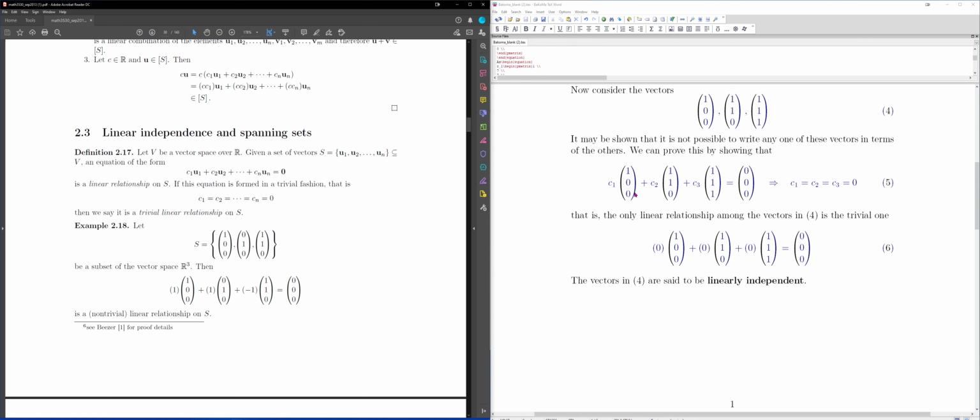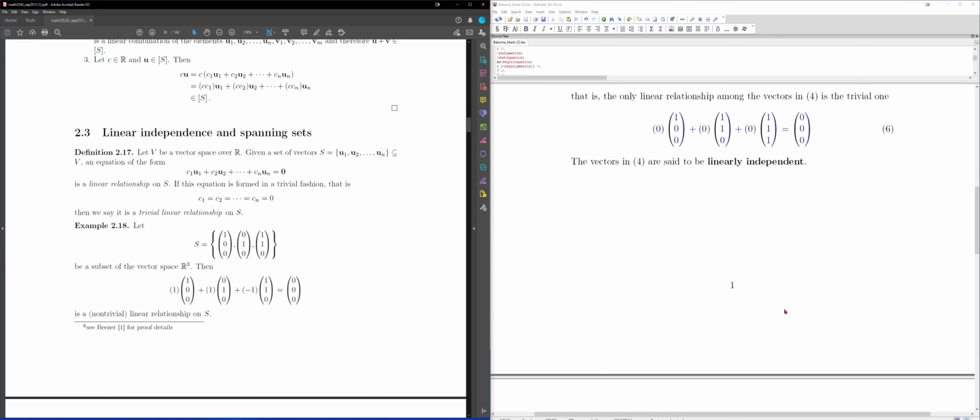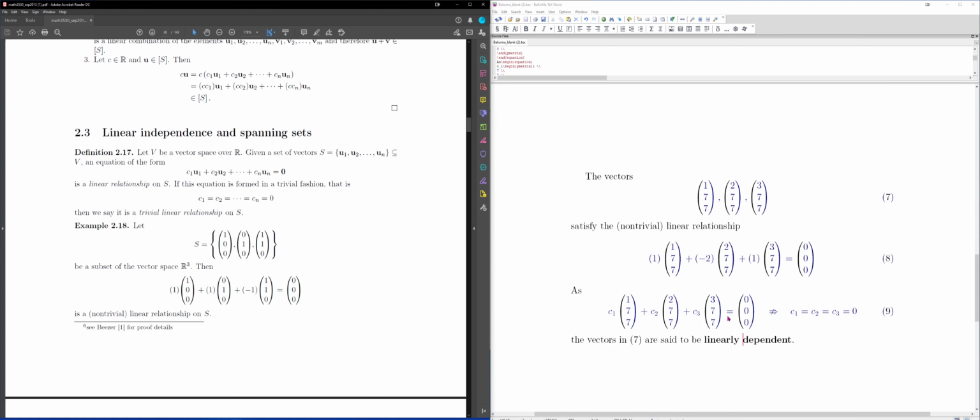So if you solve this, it turns out that the c's must be 0. But in this case over here, if you solve this vector equation, the c's do not have to be 0. So this vector equation does not imply that the c's are all 0, and if the vector equation does not imply that the c's need to be 0, then these vectors are linearly dependent.